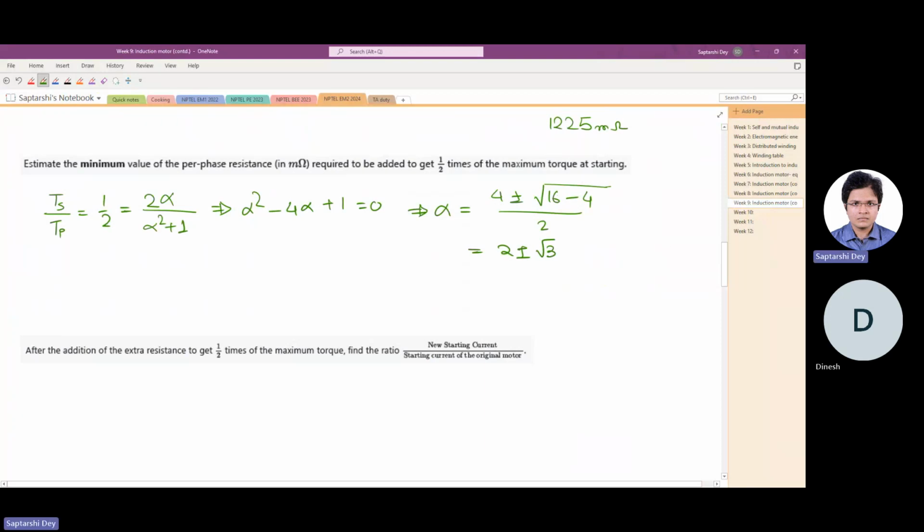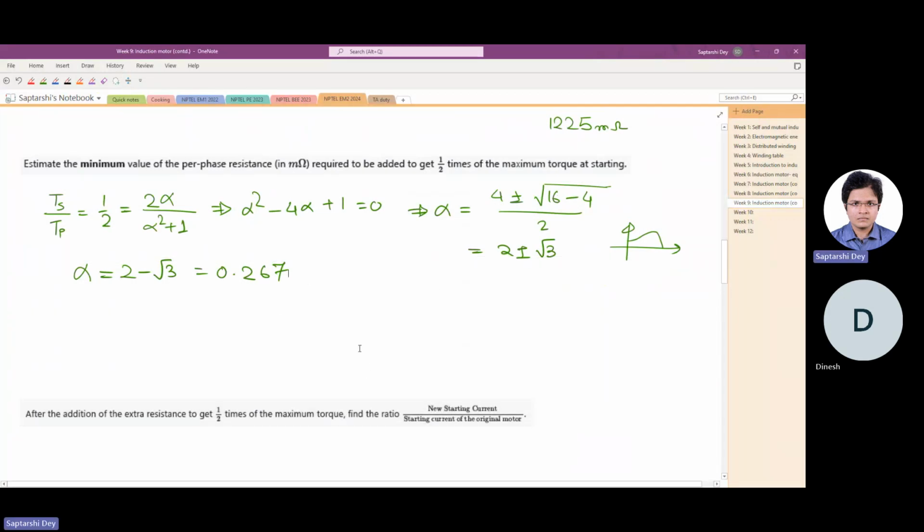Now one value is 2 plus root 3, which is greater than 1. That cannot happen, at least when we are operating in this zone, forward motoring. So we have to take the other value, 2 minus root 3. So the feasible value of alpha is 2 minus root 3, which comes out to be 0.267. This is the new value of alpha that we need so that we get half the peak torque at starting.